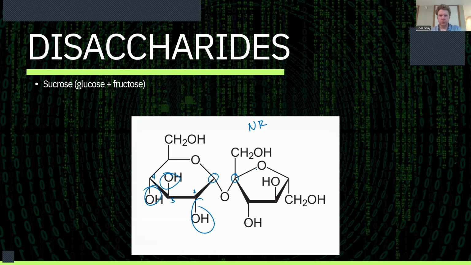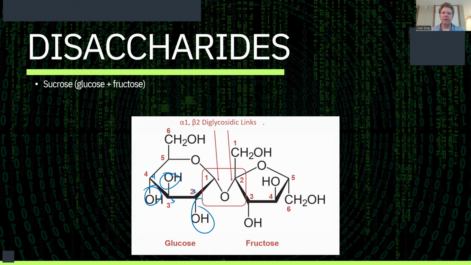And as I progress through, it's going to populate with all of the other details about it. So glucose, fructose, 1, 2, 3, 4, 5, 6, 1, 2, 3, 4, 5, 6. This is an alpha 1 beta 2. And you might be thinking, well, why? Remember, when we want to designate a sugar as being alpha or beta at the anomeric carbon, number 2, we look at my OH group versus carbon 6.